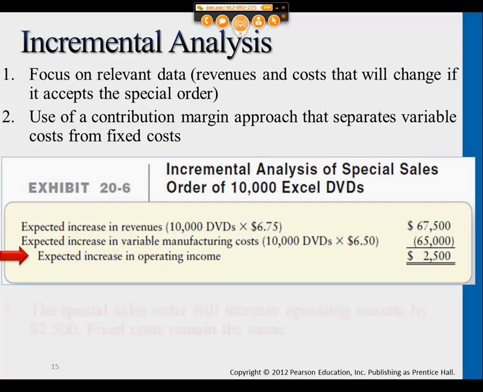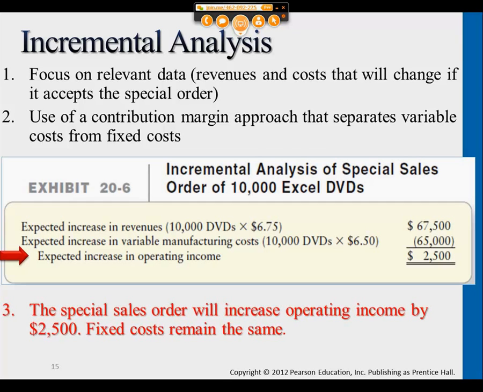Do I have anything else? Yes. Fixed costs are the same, but operating income went up by 2,500. So will the expenses change? What do you think? Fixed manufacturing expenses.